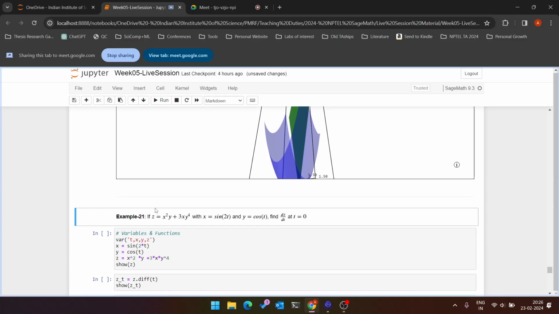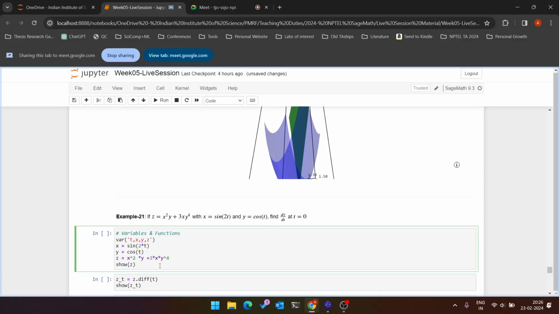So here we have been given z of xy to be x square y plus 3x y square, 3x y raised to 4, with x being sine of 2t and y being cos of t, and then we are asked to calculate dz by dt. So this is what we have. We first specify our variables.